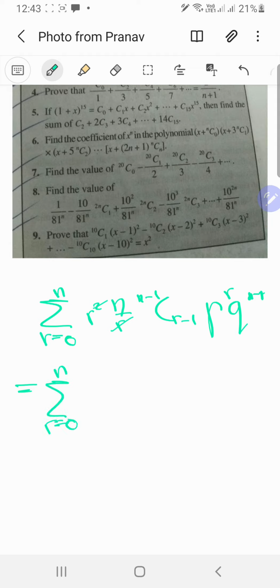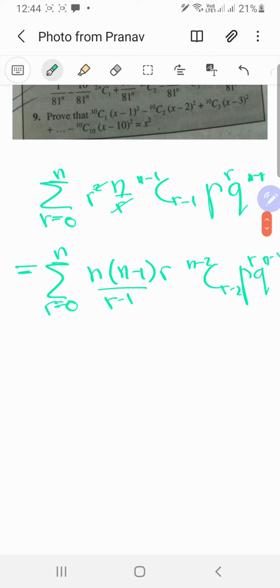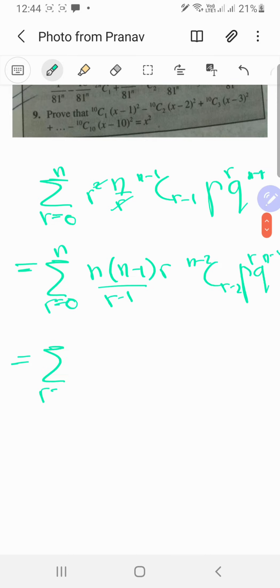And we can do something more than that. We can write it as n into n minus 1 upon r minus 1, and there's this r obviously, and you should have n minus 2 C r minus 2, and then p power r q power n minus r. All right, that is going to be the summation from r equals 0 to n.